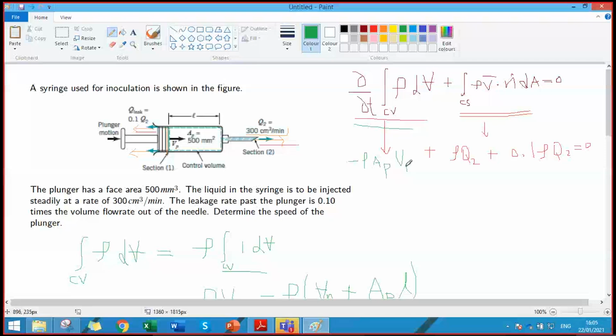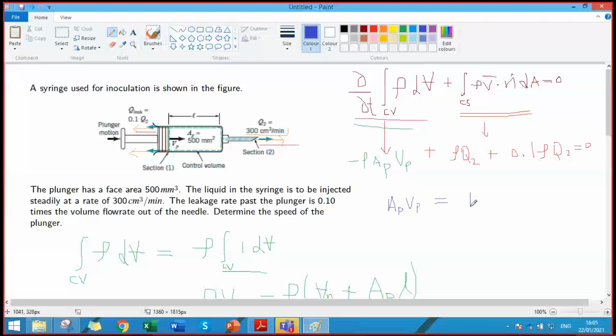If we see rho is constant, so we can just eliminate it from the equation. So we'll just get AP vp equal to 1.1 times Q2, right?